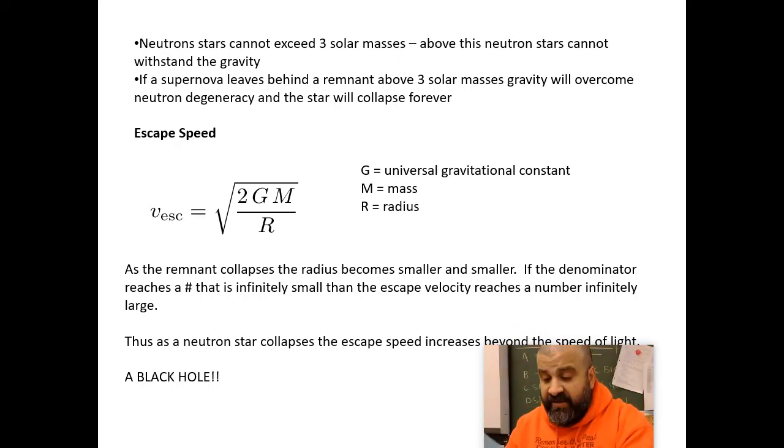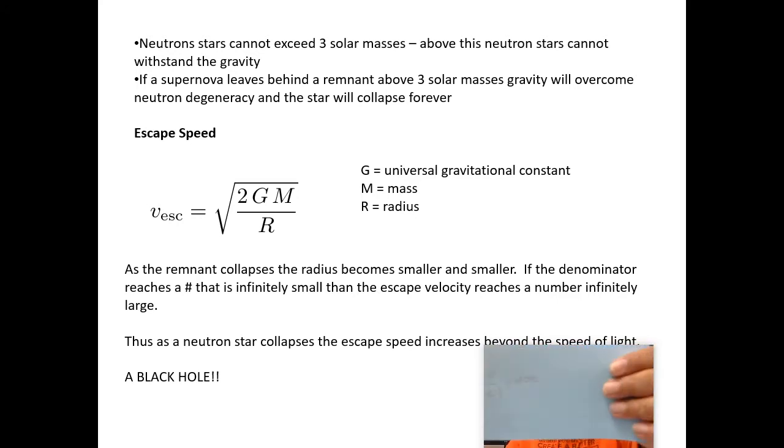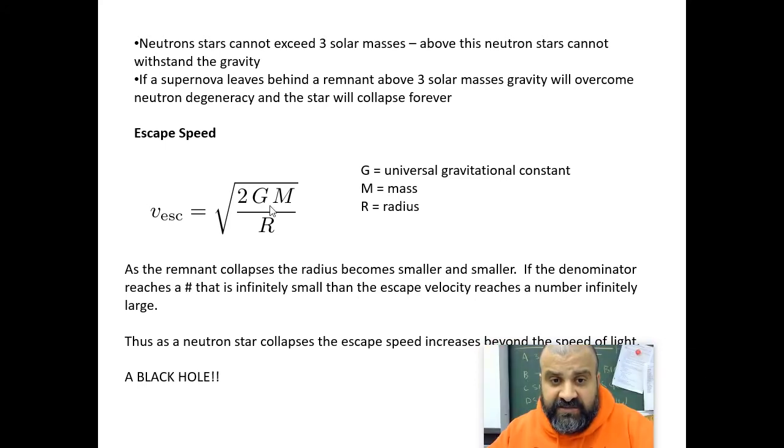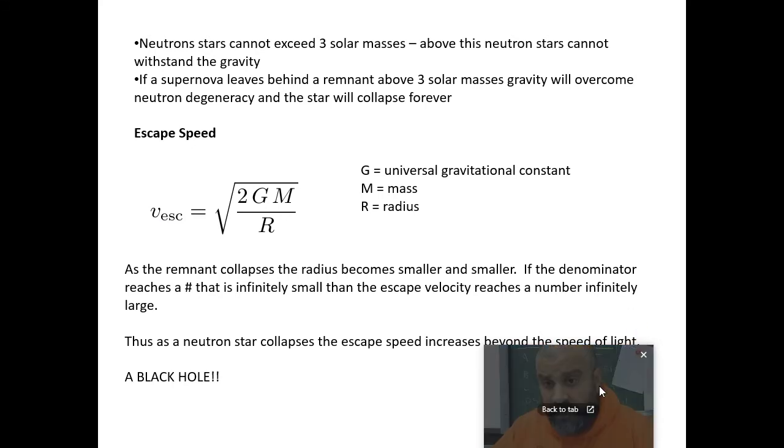What is our escape velocity? Our escape velocity would be 10,000 now. According to this formula, the smaller the radius gets, the greater and greater the escape velocity will become.